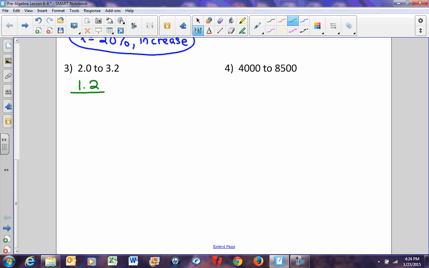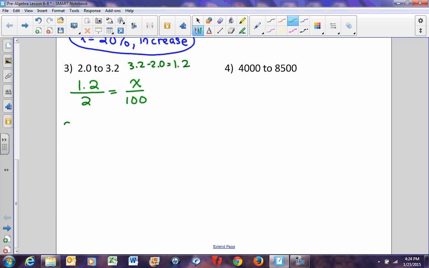My original is 2. That's going to equal x over 100. Find your amount of change first.